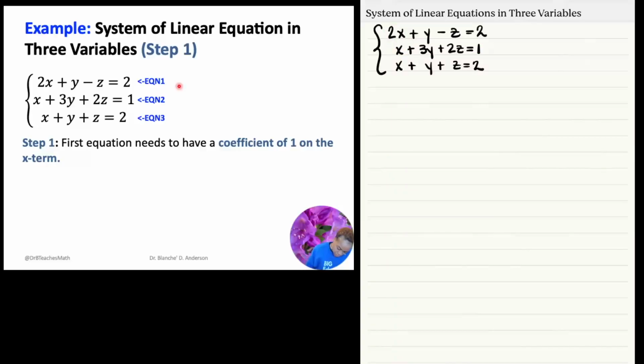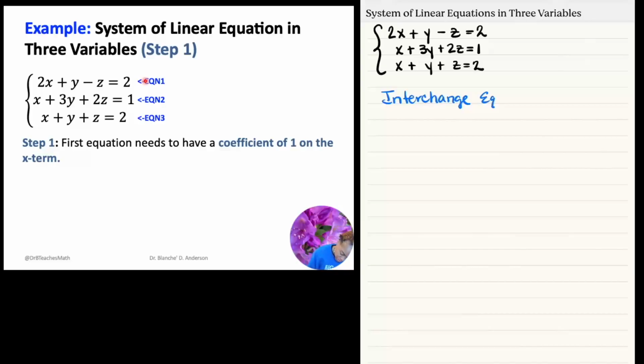So what we're going to do first, I'll put what we do in blue. I'm going to interchange row 1 and row 2. Actually, hold on. I'm calling these equations, so I want to stick with the nomenclature.